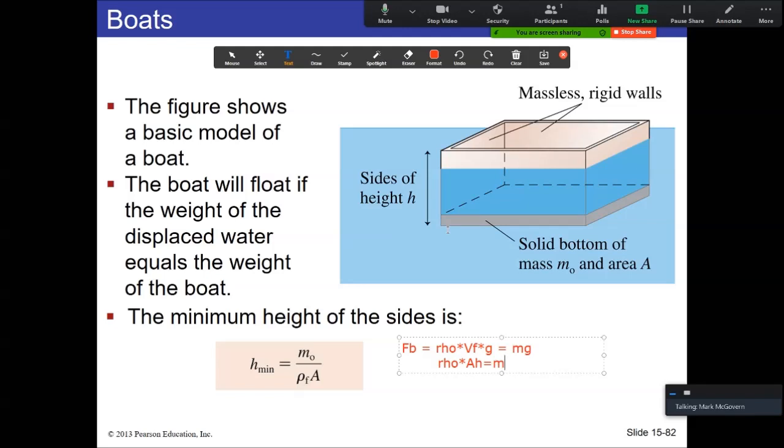So if you know your ratio of densities, you can figure out a ratio of heights. Like with the iceberg, you can have 10% floating above water and 90% underneath, given the densities. That means you can create whatever height you want depending on what kind of area you choose. That's the idea.